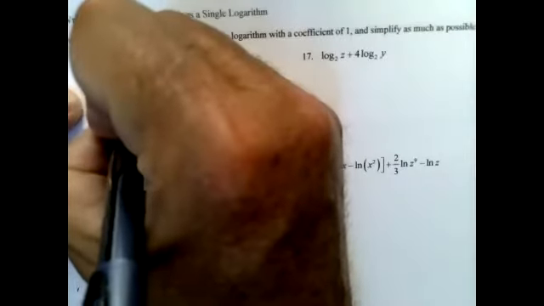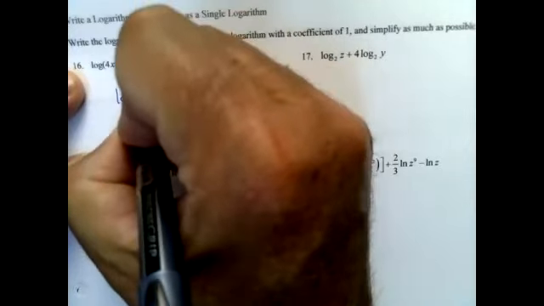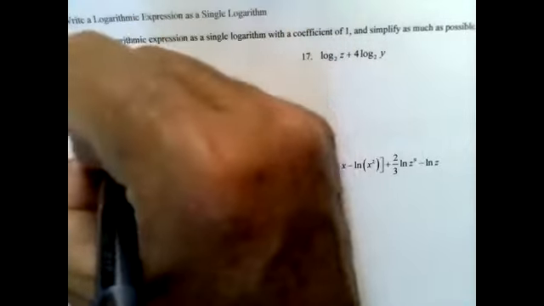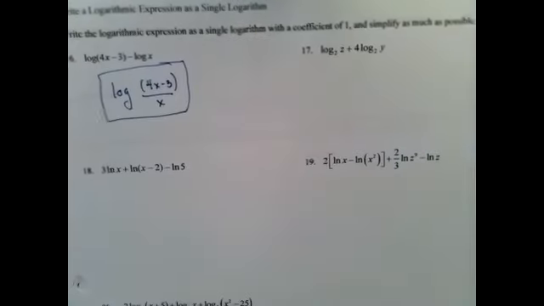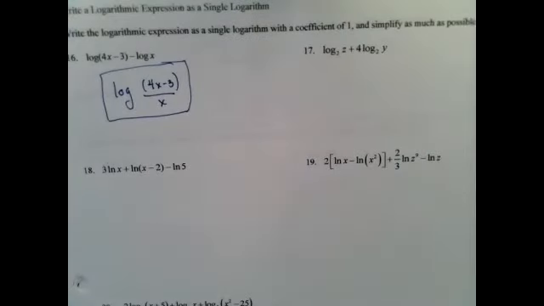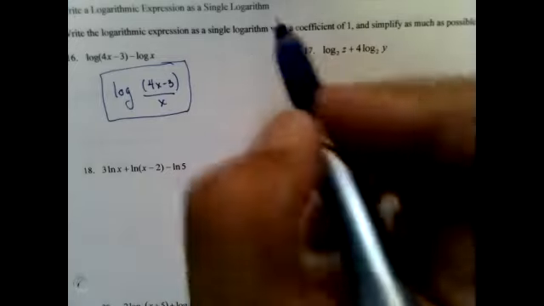Log. My numerator is 4x minus 3. My denominator is x. I'm done. I put those back together. I rewrote it as a single log.